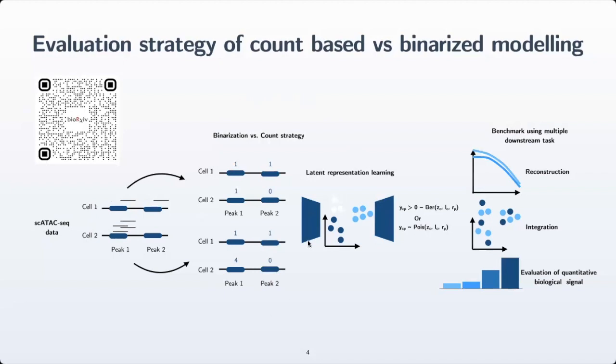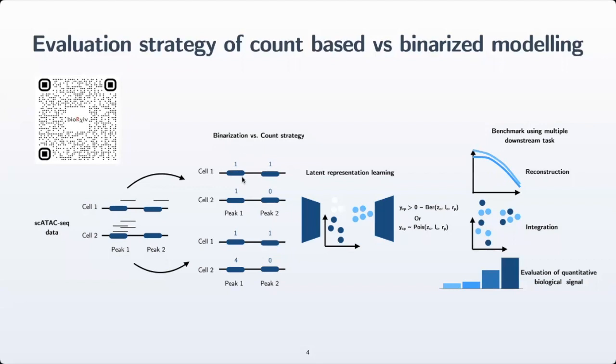And concretely, we wanted to look into the binarization of this matrix, because as I mentioned, single-cell ATAC-seq data is very sparse. So a common strategy that has been employed is that you binarize these count matrices into a 1-0 matrix, with the idea that then you reduce the problem to: is my region accessible?